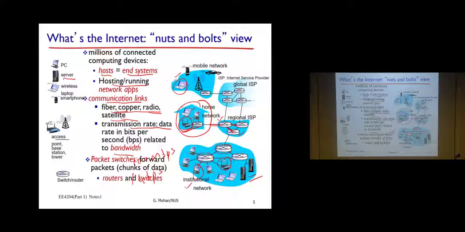Even in an institution network, enterprise network, company network or campus network, you can have wireless connectivity, where all our systems are attached to the access points by a wireless medium, some Wi-Fi or something.